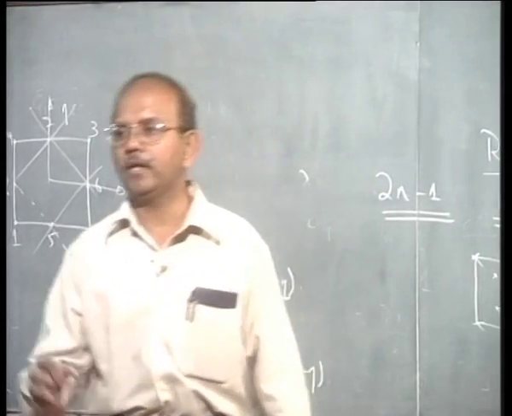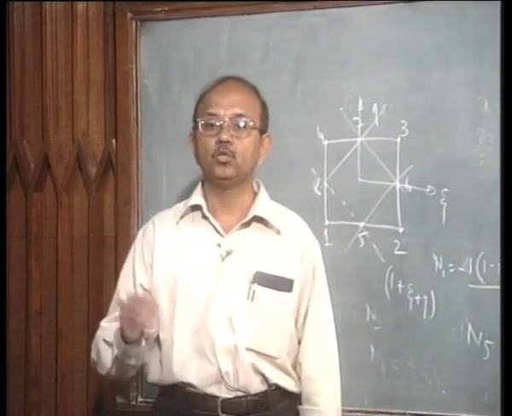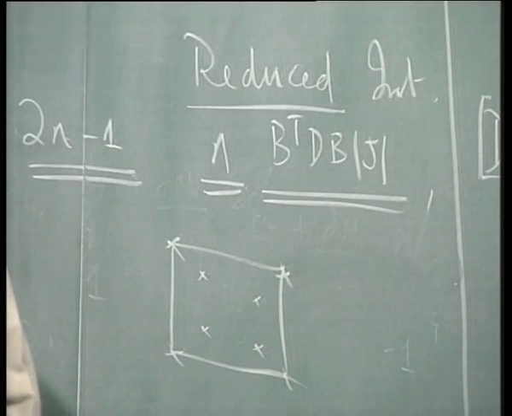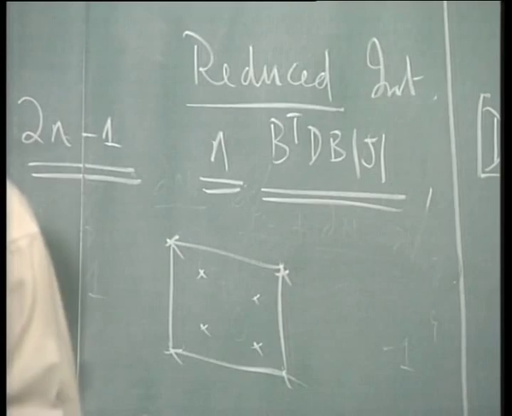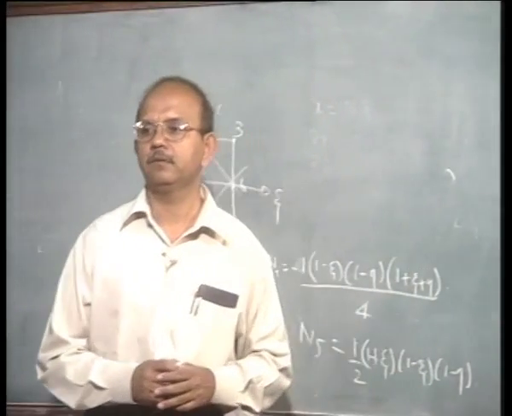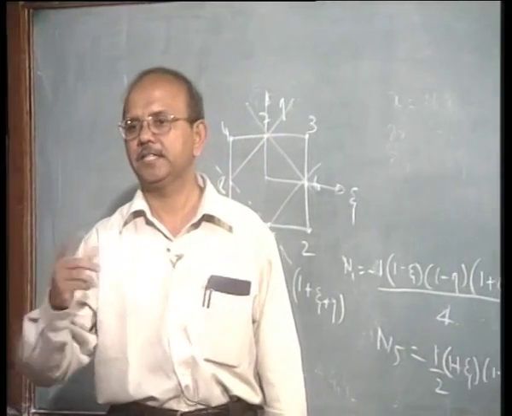Interestingly, when I go down from 2 by 2 integration point to a single integration point, the stiffness softens, the stiffness softens. On one hand, it is stiffened by discretization.